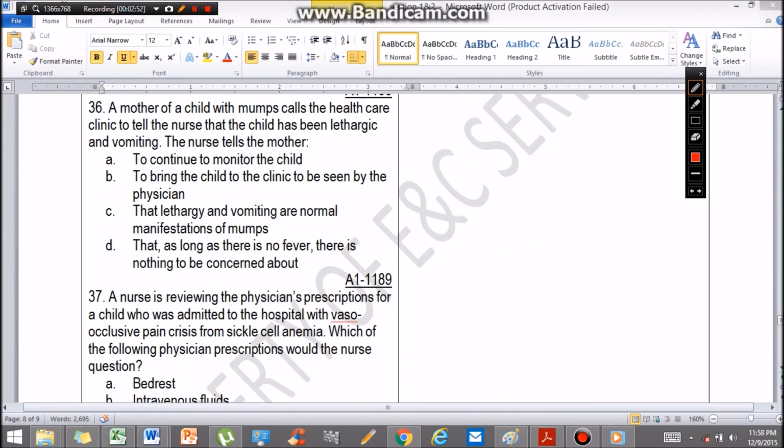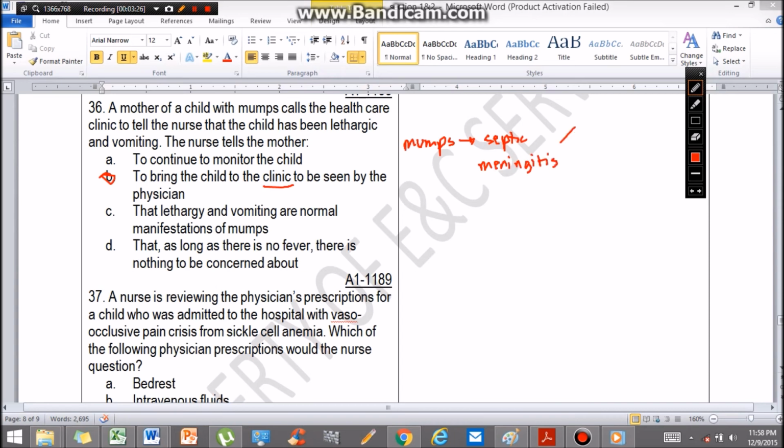A mother of a child with mumps calls the healthcare clinic to tell the nurse that the child has been lethargic and vomiting. The nurse tells the mother to which among the following? Answer here is B. Bring the child to the clinic. Why? Because mumps can lead to a complication called aseptic meningitis.